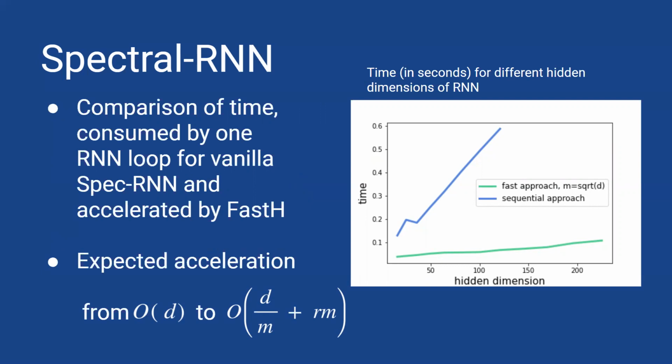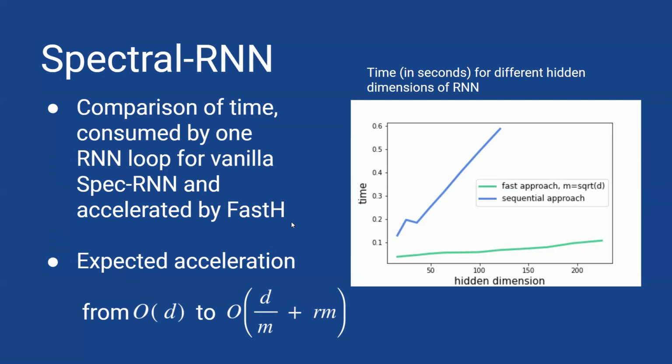So in our experiments, we aim to compare the time consumption of vanilla sequential SVD parametrization in a recurrent neural network and its facilitation with FastH.